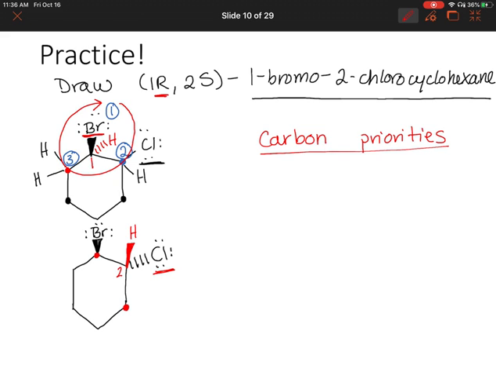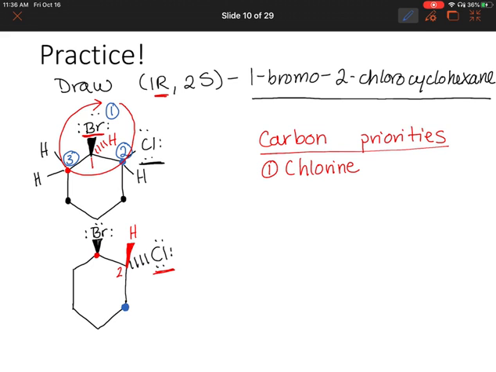Okay, so which is heaviest: chlorine, carbon, or hydrogen? Chlorine. Okay, then what comes next? Carbon or hydrogen? Carbon, but again, we have two carbons here. So let's label one of them as blue.